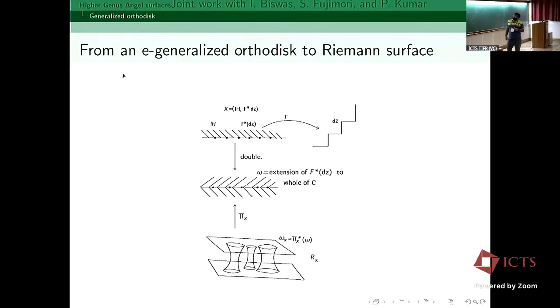Okay, then we can double this upper plane, and since this f star dz actually takes real values here, it can be extended to the whole complex plane. Then we can branch at these bold points, which are elements of the essentially conformal polygon, and take the hyperelliptic cover.